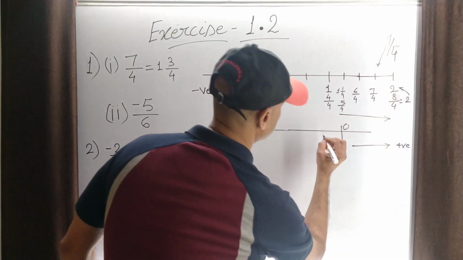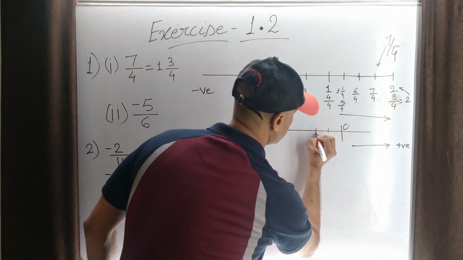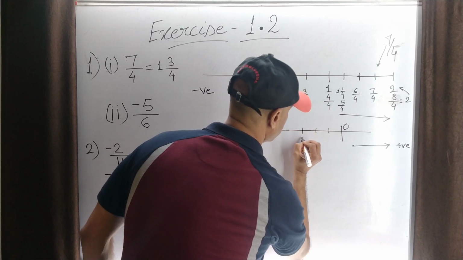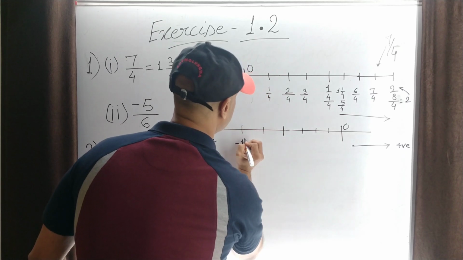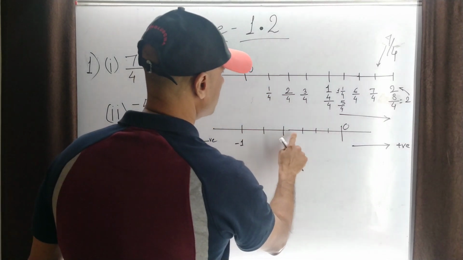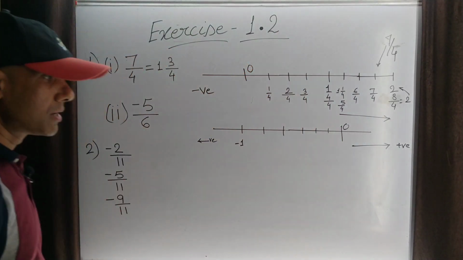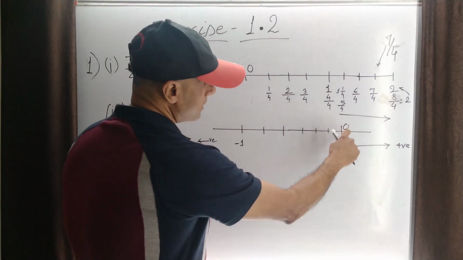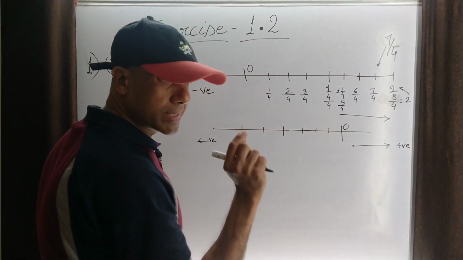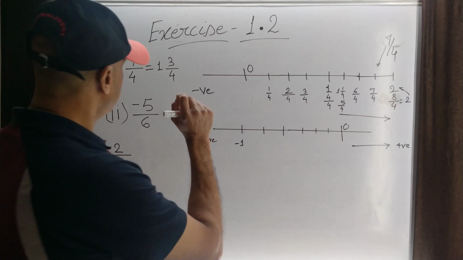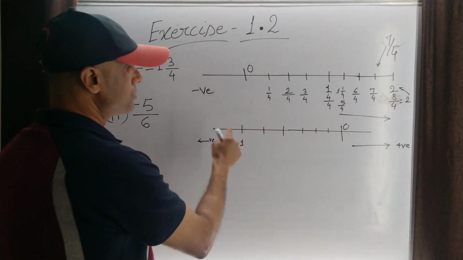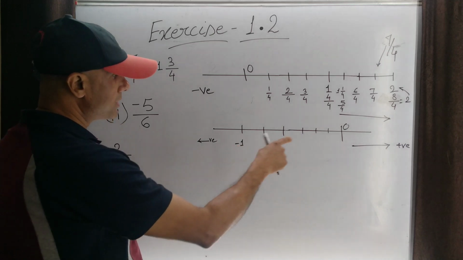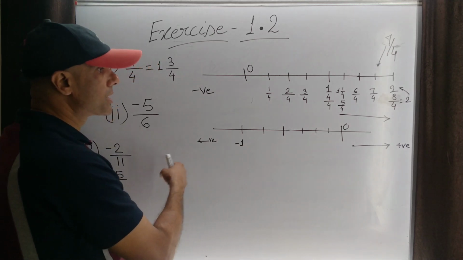Correct? So first part, second part, third part, fourth part, fifth part and sixth. 1, 2, 3, 4, 5, 6. So you have divided this line into 6 equal segments, which represent each part from 0 to minus 1. Correct? Minus 1 shows the direction, that is the left hand side of the number line.